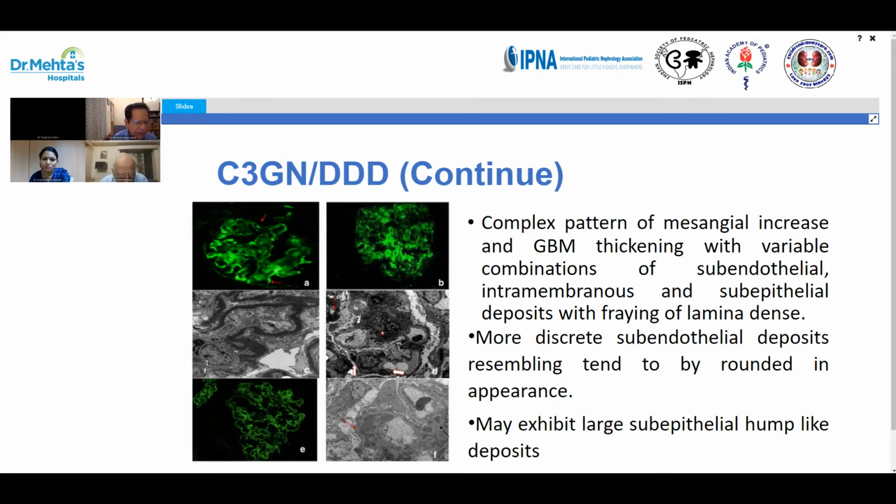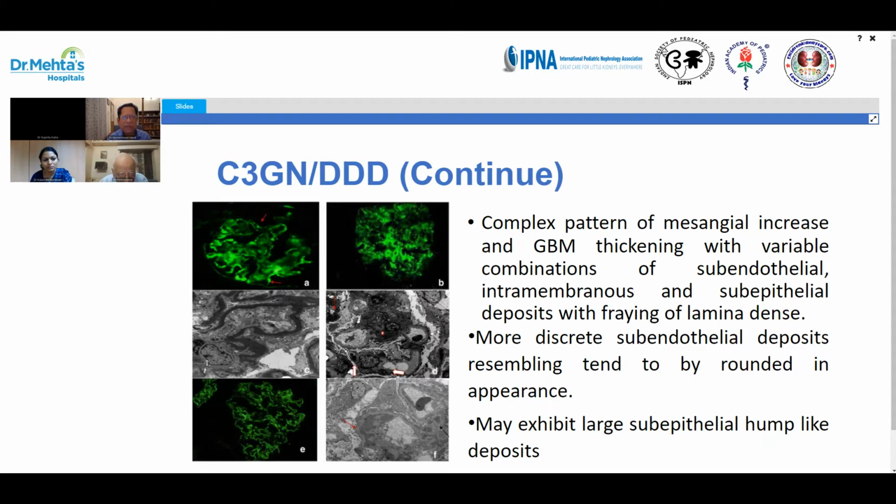And in D, there is intense glomerular deposition in the mesangium and glomerular membrane. In E, there is intense granular deposition in the mesangium and also the glomerular basement membrane.